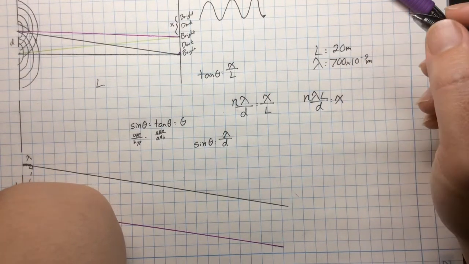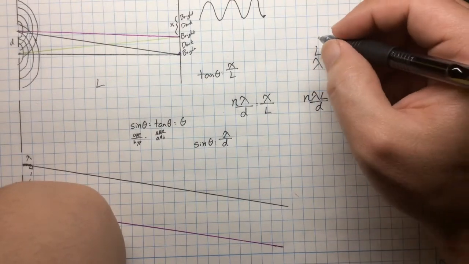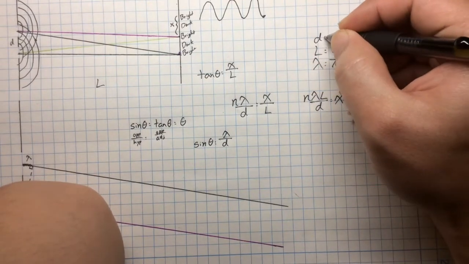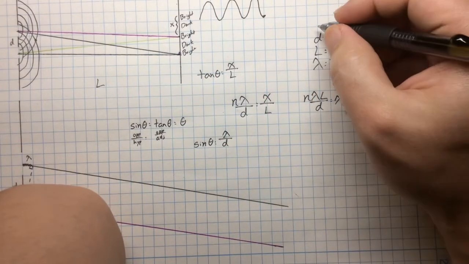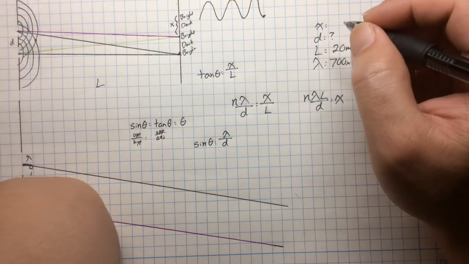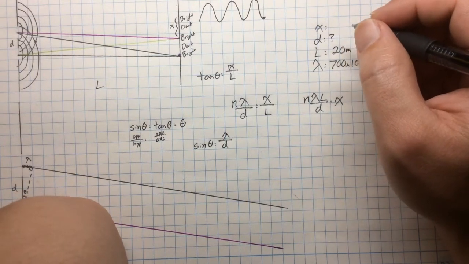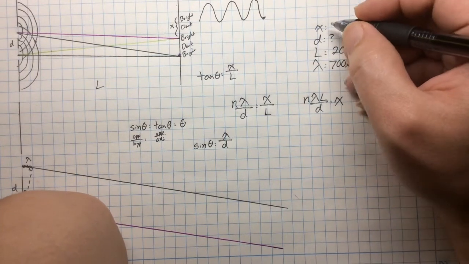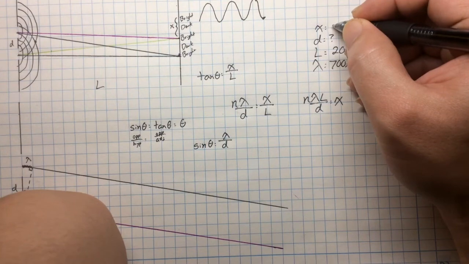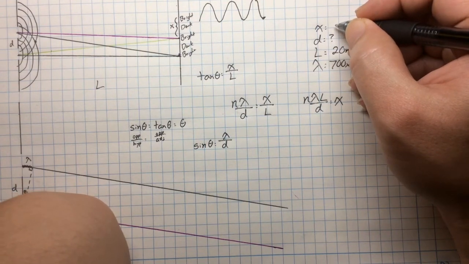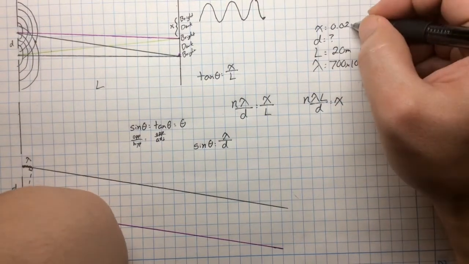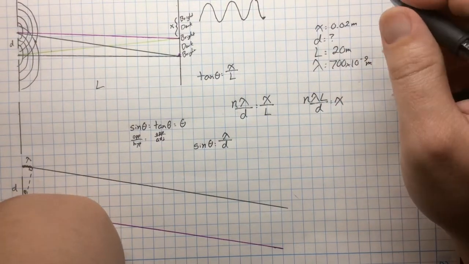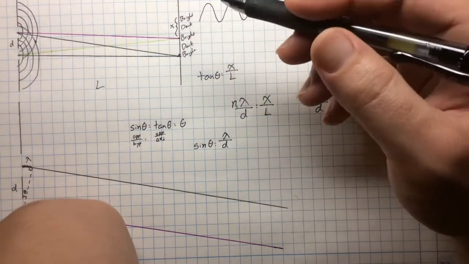That's probably a bit far. And then d, let's leave that as the unknown. And then x, let's say somebody went to the very front of the room and we projected this diffraction pattern onto the front board, and they measured x to be about 2 centimeters, so 0.02 meters. Okay, the separation of these bright and dark spots is going to be really, really close.